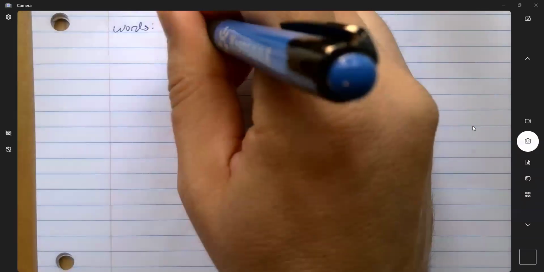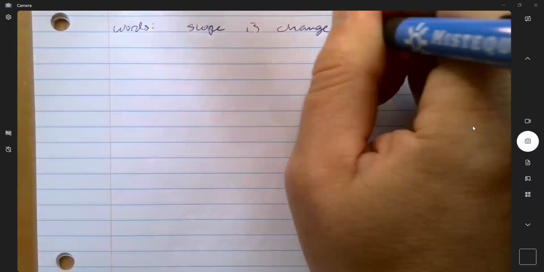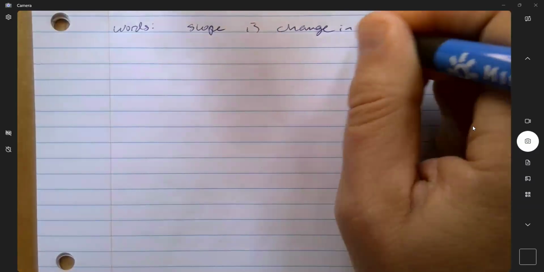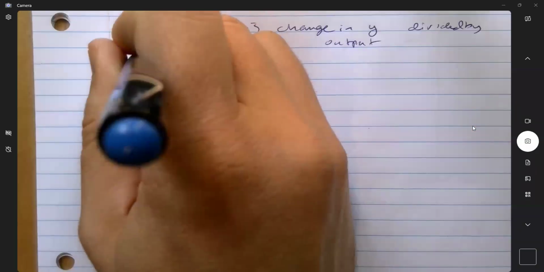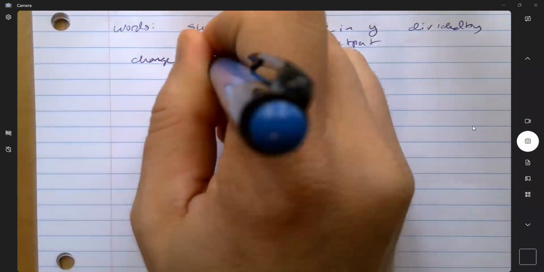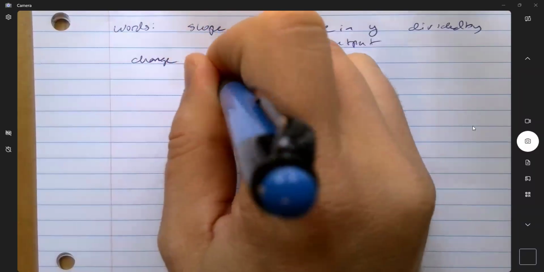Let's do words next. So the slope is the change in y, or the change in the output, divided by the change in x, which is the input.